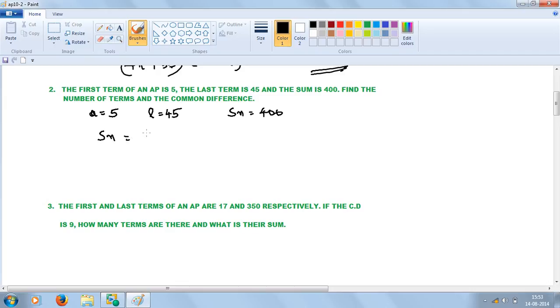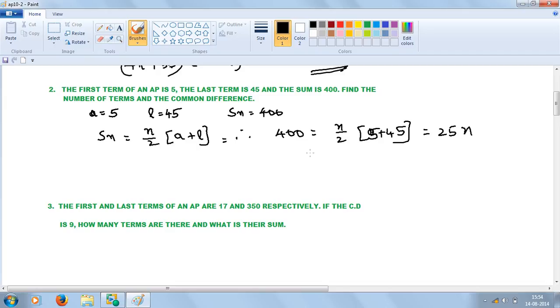Sn is equal to n by 2 multiplied by a plus l. Therefore, 400 is equal to n divided by 2 multiplied by a plus l, where a is 5 and l is 45, so it is equal to 25n.